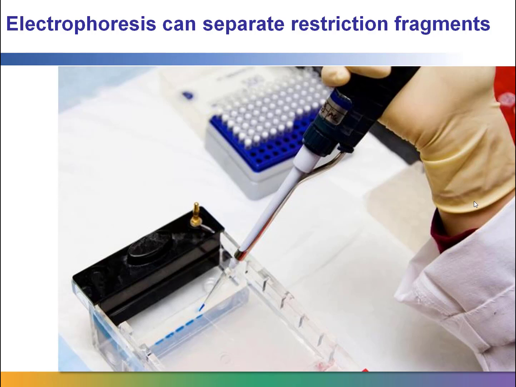The researcher will then turn the electrophoresis box on, and it's going to apply an electric field across the gel. The negatively charged DNA restriction fragments move away from the negative electrode until you stop running the machine. And so essentially they're going to move from the negative side to the positive end, and we're going to separate them out by size.